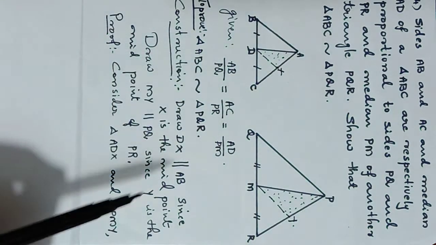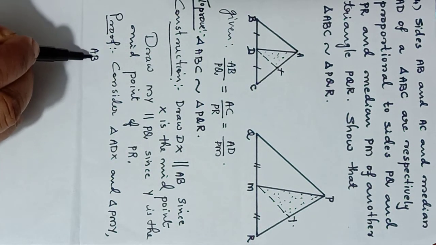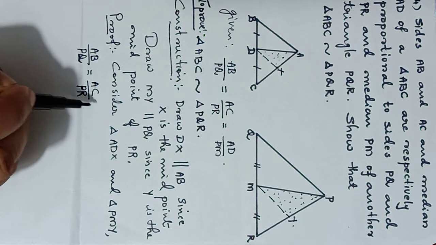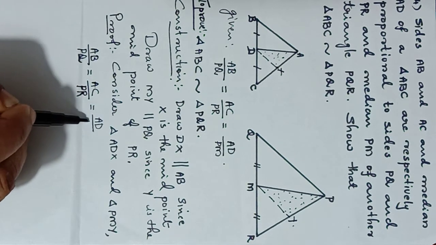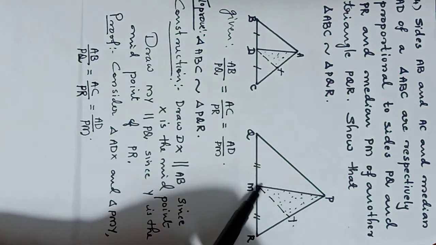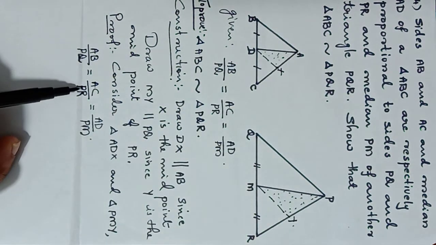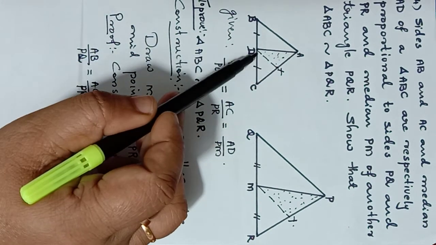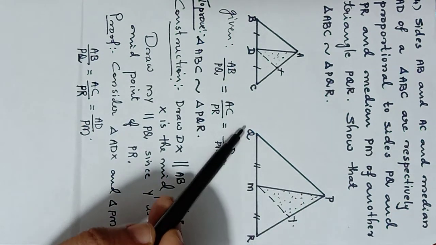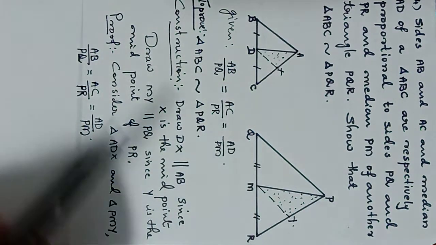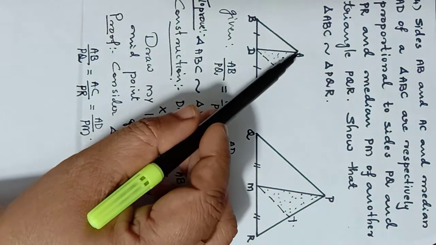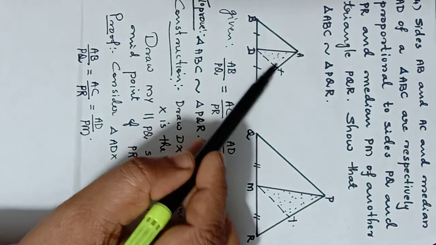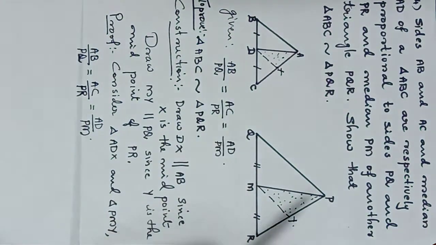So we are given AB by PQ equal to AC by PR equal to AD by PM. So AD by PM as it is we need, and these two things, half AB, half PQ, half AB is DX, half PQ is MY. Okay, half AC, half PR, half AC is AX, half PR is PY. That is how we will be getting the ratio of all the three sides of these two triangles.